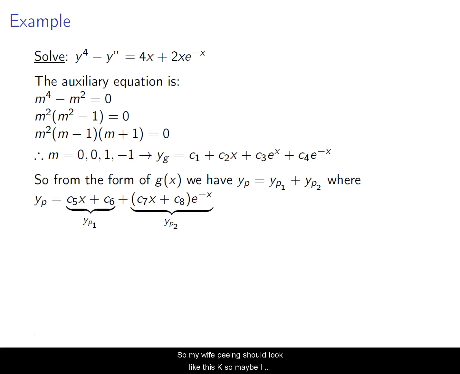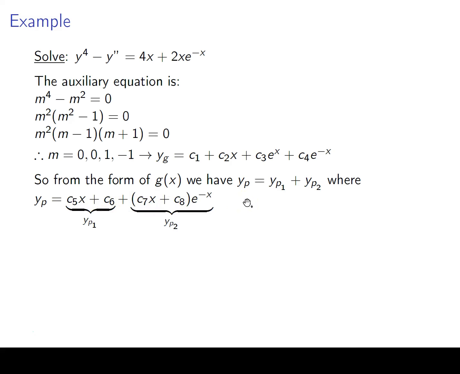So my y of p should look like this. Remember the book uses a's and b's. We're already using these coefficients, so we'll just continue going from here. So here I have the polynomial form ax plus b, but of course it's c5 and c6. Then this is another ax plus b times the factor e to the negative x, and of course I'm using c7 and c8 to keep the progression of the coefficients going.